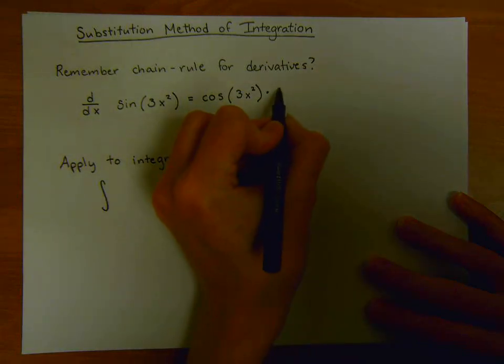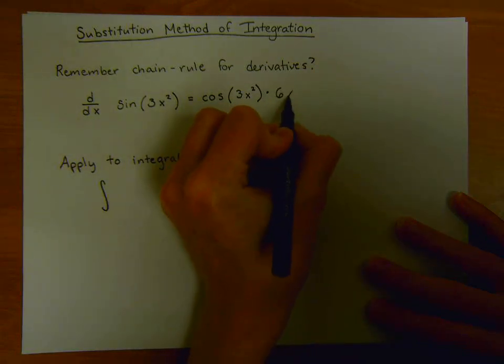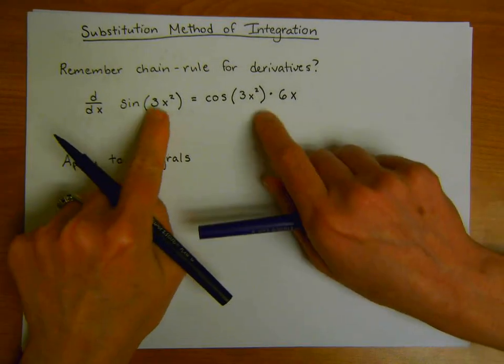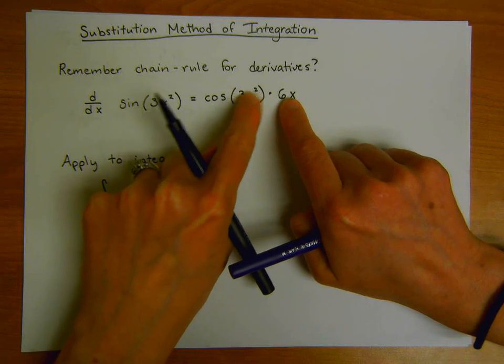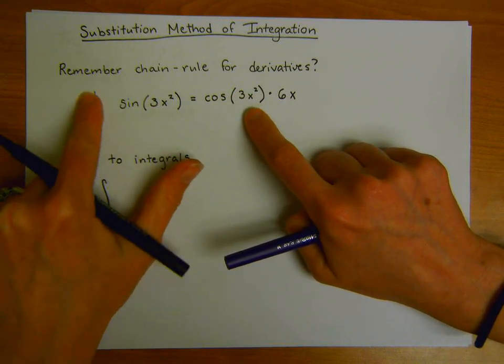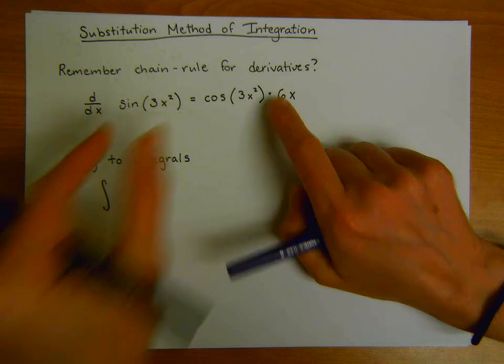You can go back to one of the previous videos to see a little more formal reasoning why we would need to multiply by the derivative of the inside function. This changing inside function affects the rate of change of this entire value.